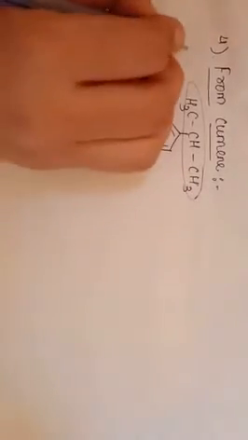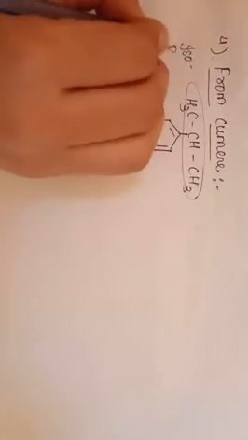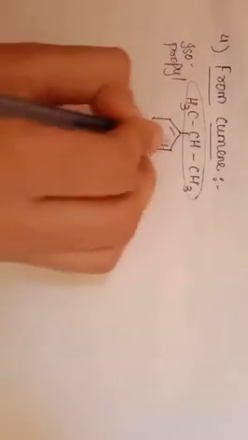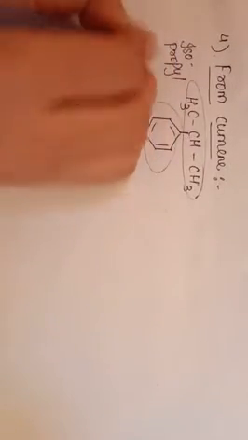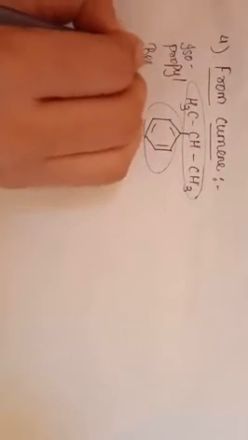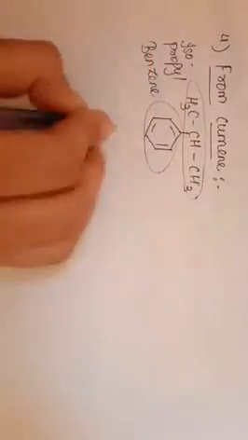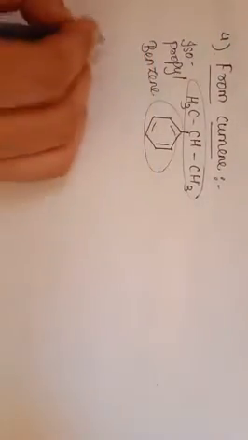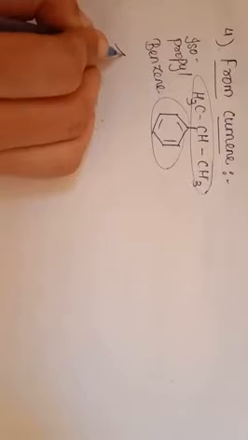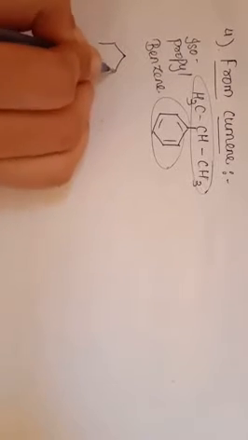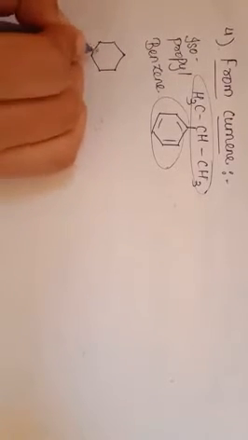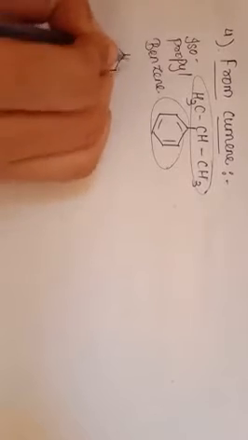CH3 and CH3. What is this? This is isopropyl and this is our benzene. So the name is isopropyl benzene and it is also known as cumene. So from cumene you will get phenol. How? Let us see.